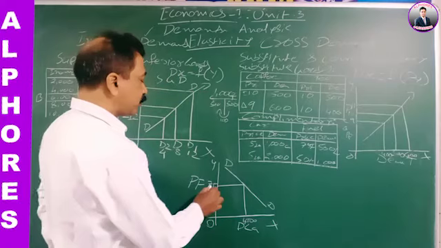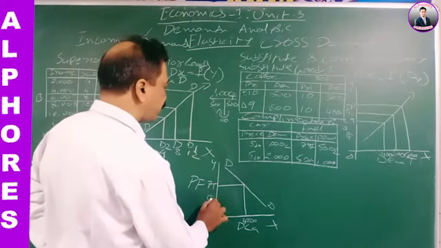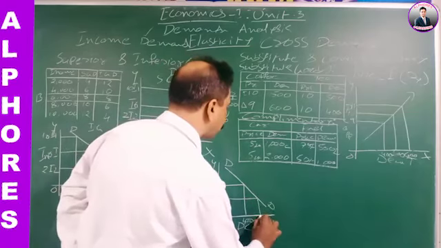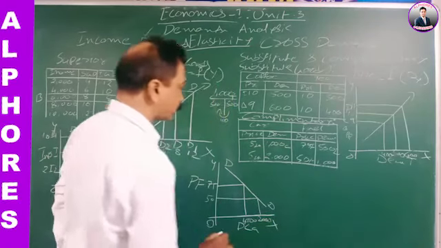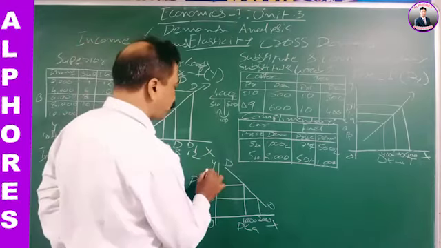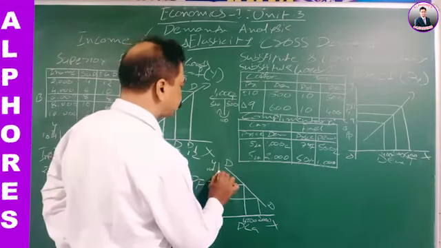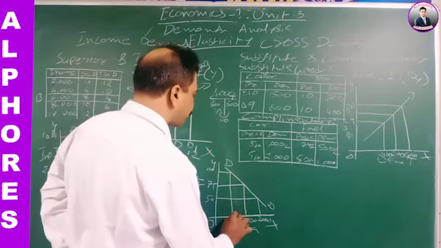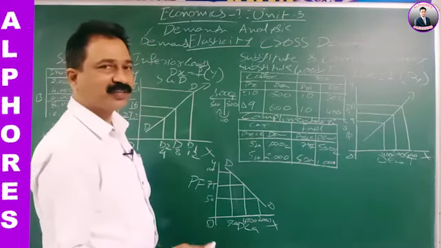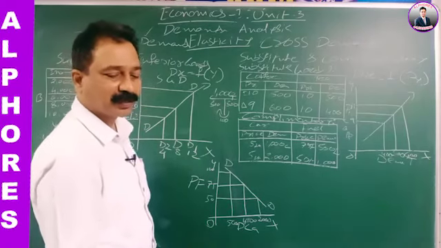All of a sudden fuel price decreased to 50, demand for cars increased to 2000. If price of petrol increases, it is an assumption, to 100 rupees, demand for cars decreases to 500. Don't you understand this? So simple to understand, right?